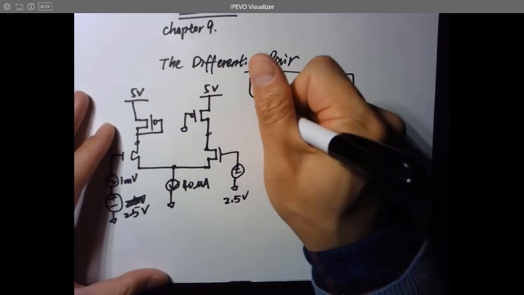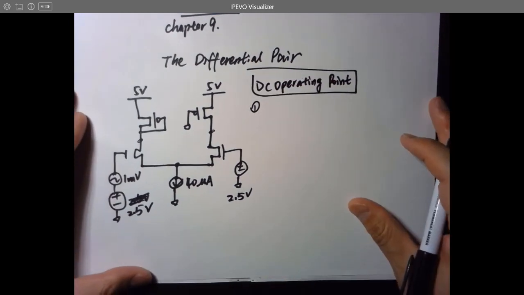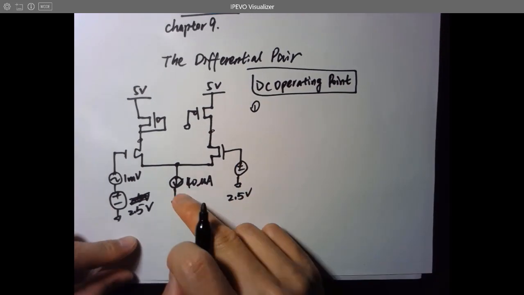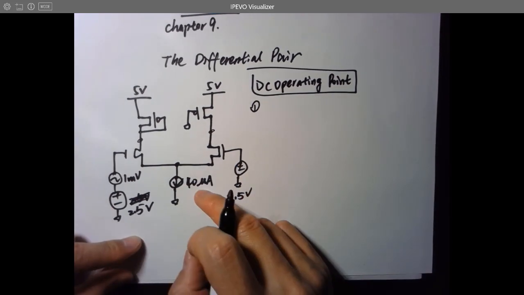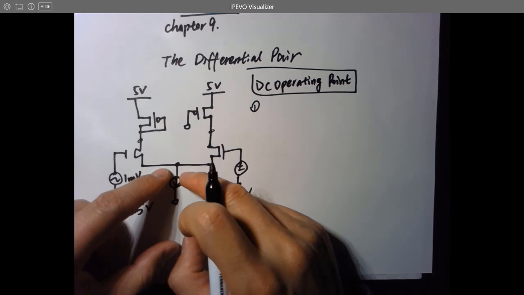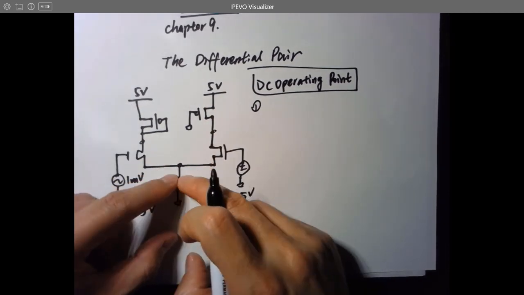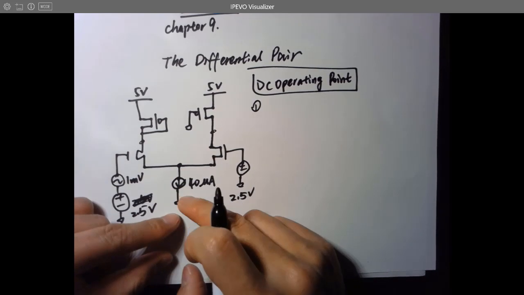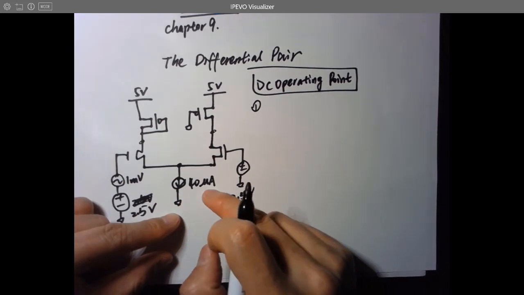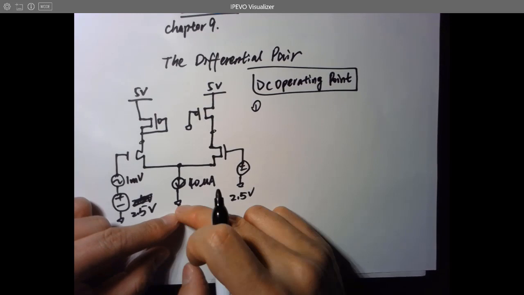Okay, so the first step, look at the two DC voltages. Because this is 40 microamps, it's going to draw current through the two branches, and they are going to merge as they join, and totally have a 40 microamps current flow to the ground.